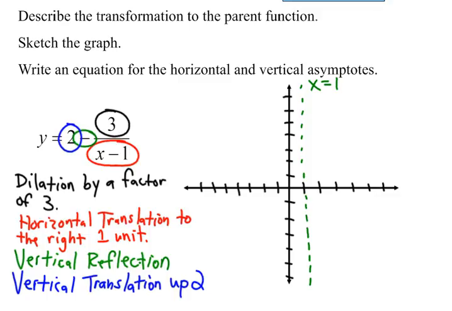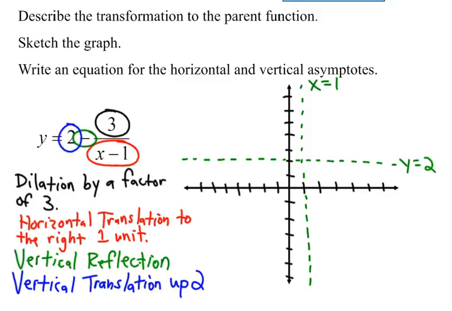We also have a vertical translation up 2. So the horizontal asymptote used to be y equals 0. Well, now it's going to shift up 2 to y equals 2. Alright, the next thing that we're going to address is the dilation.